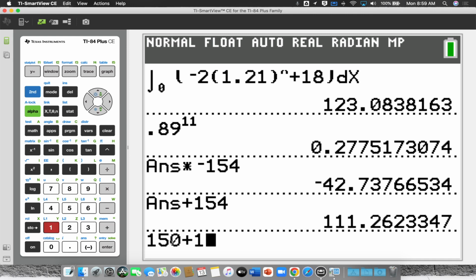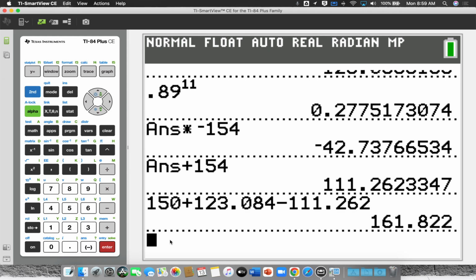$150 plus 123.084, or sorry, minus 111.262. We get 161.822. It's the total amount, so liters of water.